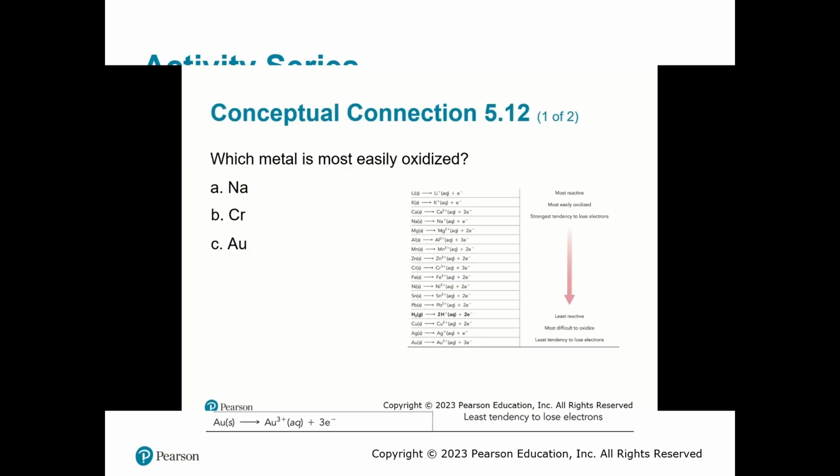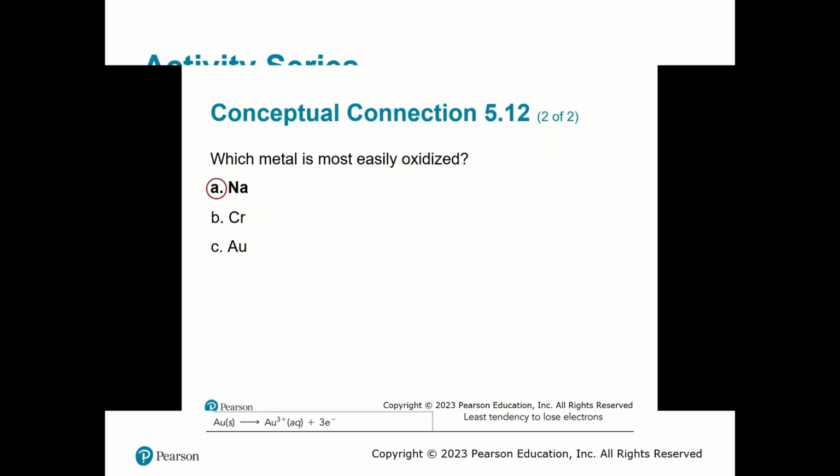We can use the table, but if I don't have the table, I look at these and I know that sodium is in group 1, and chromium and gold are not in group 1. I know that group 1 is one of the most reactive groups of metals. If you see in the list, you're going to see sodium right on the top, and then the gold down there and the chromium over here. So I know that sodium is the most easily oxidized.